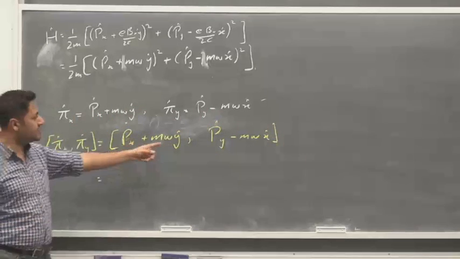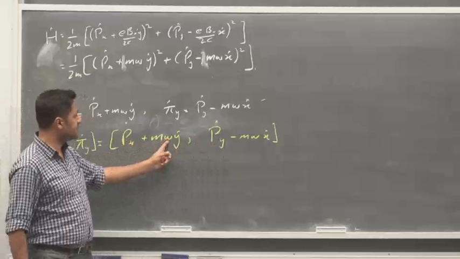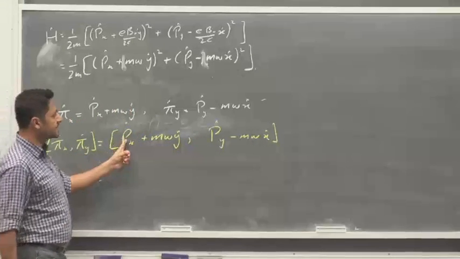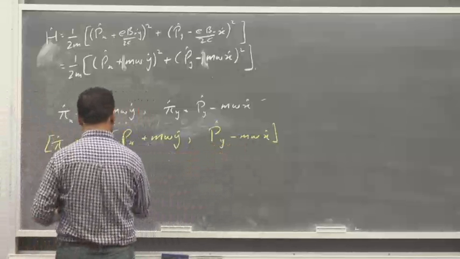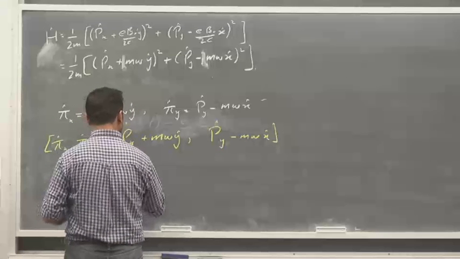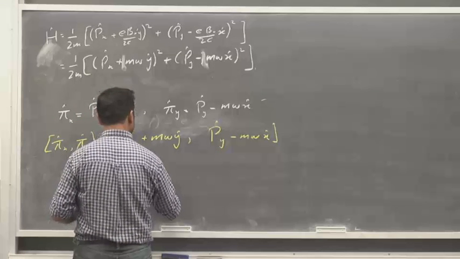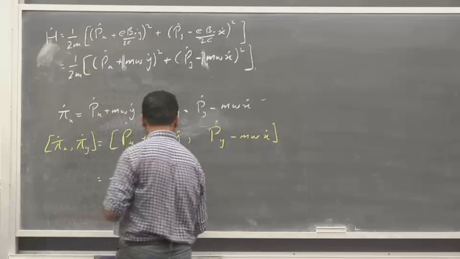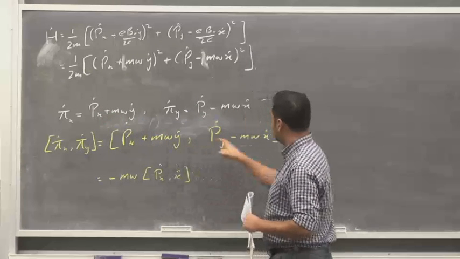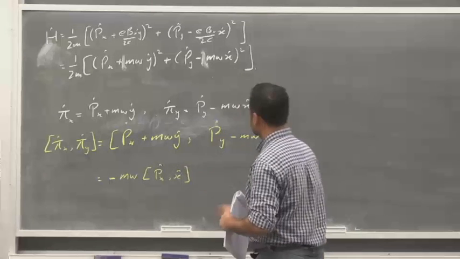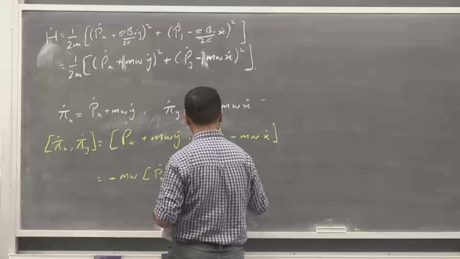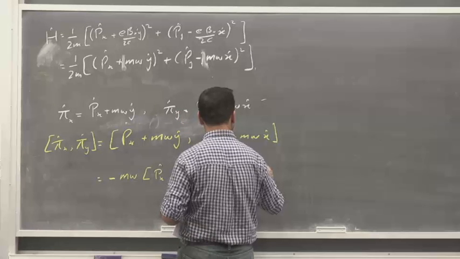So the commutator of this and this is 0, and this and this is also 0, because x and y commute. This and this gives you minus m omega p_x hat x hat, and this and this gives you m omega y hat p_y hat.